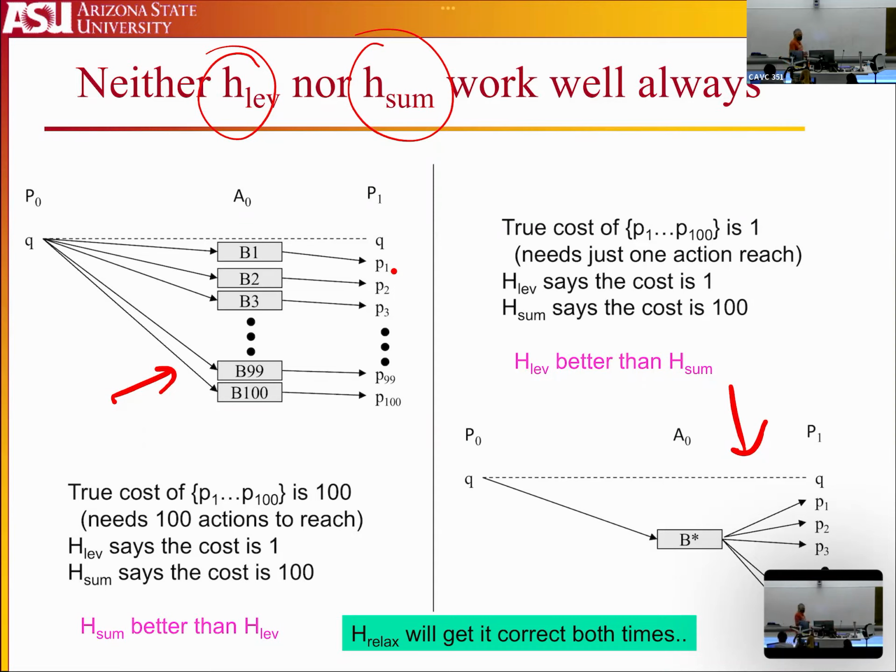So a better idea than a level heuristic is you look at this graph, you decide what are the goals you need, and you back chain and say, for each of the goals, I need somebody to support. And for everybody I'm taking in, I will need to consider their preconditions and then support them.